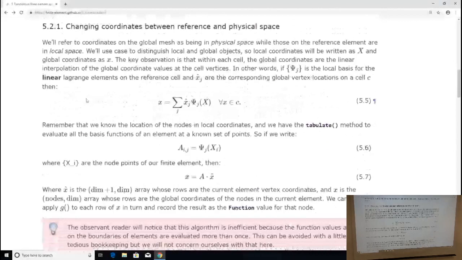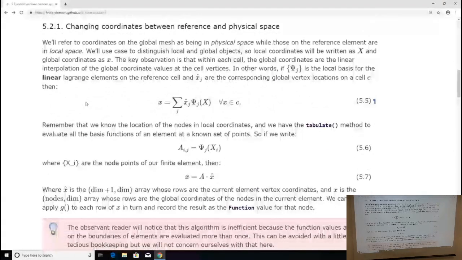So how do we do that? There's a little bit of nomenclature here and a little bit of symbol conventions that you just have to wrap your brain around because it makes life easier. So we talk about physical space being the space on the mesh, because that's the thing that describes an actual physical domain that we're solving a partial differential equation over. And then local space is the space on one element.